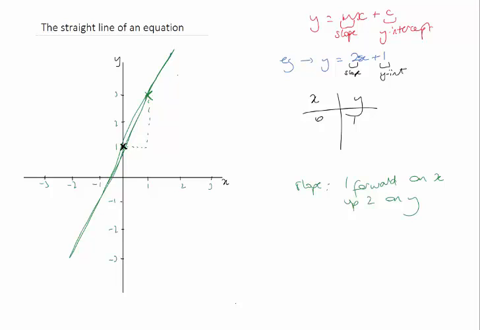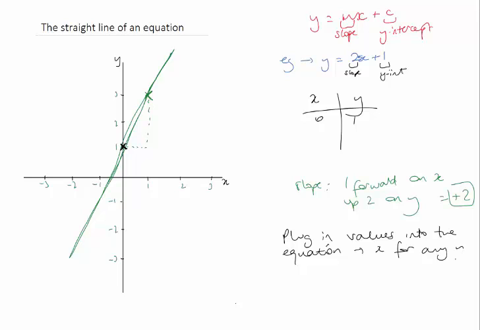But in fact, another thing we can do, so that's plus 2, is plug values into the equation to get the x for any y and the y for any x. So should we do that for a few, and we can add a few more points onto our line.